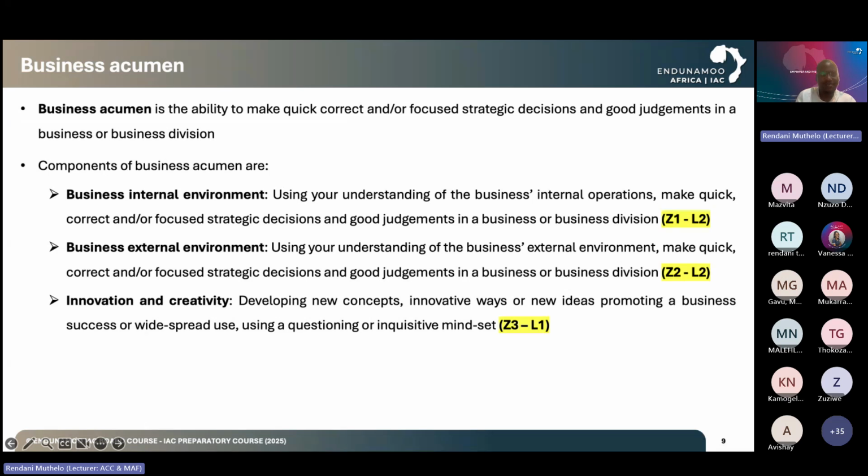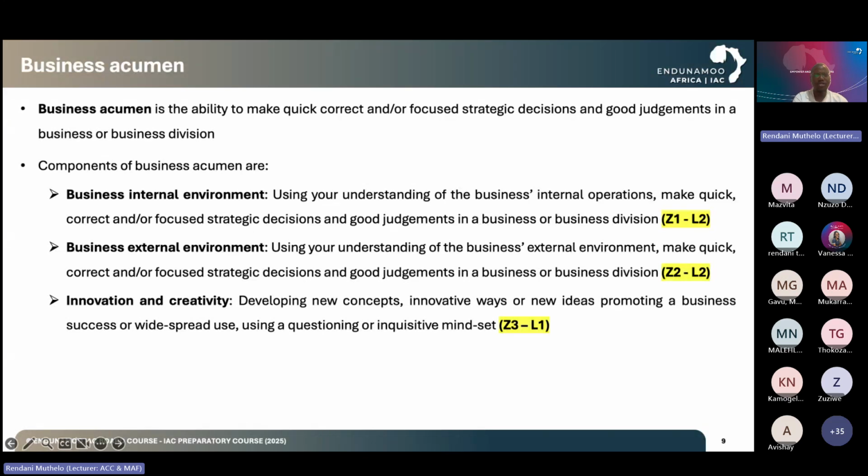Whenever you see level 1, don't worry too much about it. Level 2, be somewhat worried. Level 3, be very much concerned. It should be important to you because it is definitely important to SAICA. So this is how this looks. What does that mean in the context of business acumen? They're saying you need to be able to bring in the external and internal environment when you are responding to the task, because it's level 2.